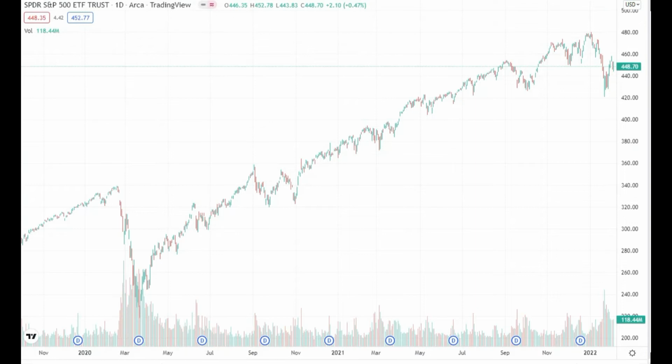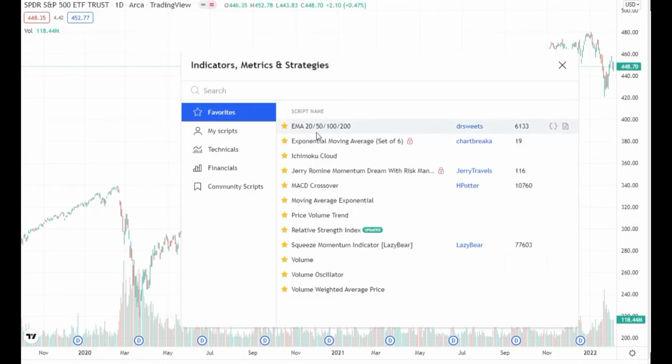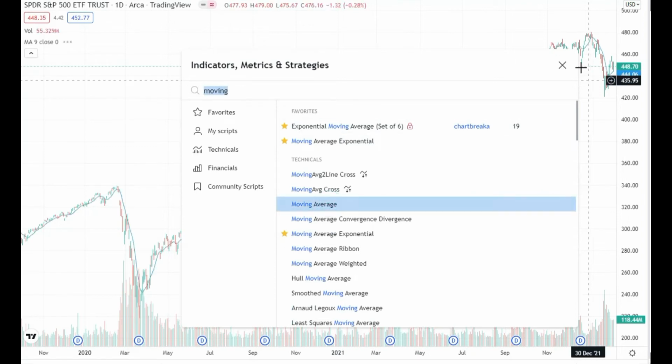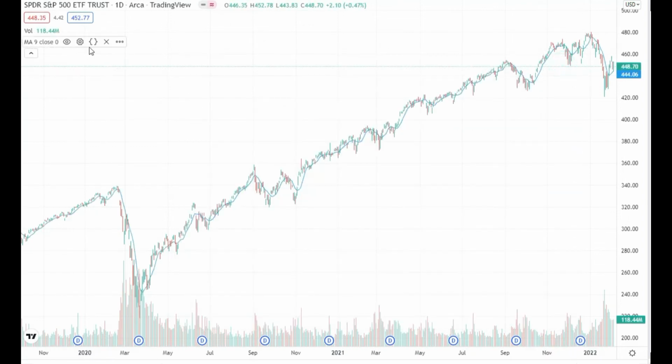Second, now what you want to do is go in here and add your moving average. Like I mentioned, there are many different time frames. You see here the 9-day, you see how it's so close to the price because it's such a short period of time.